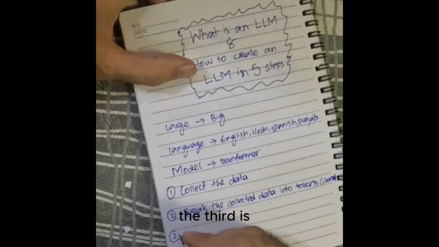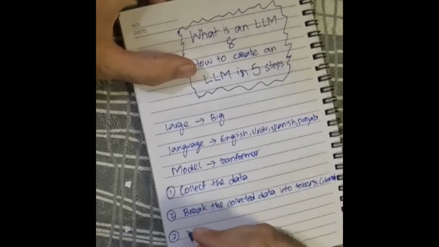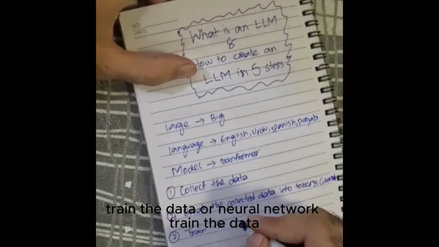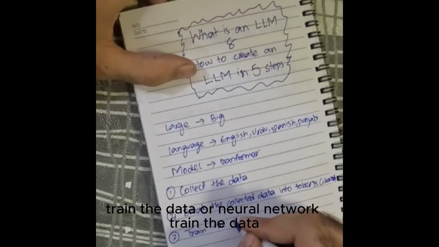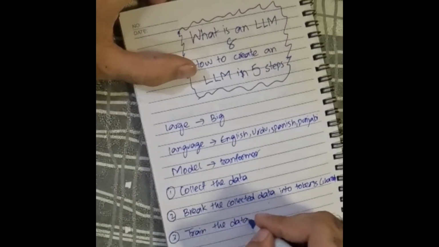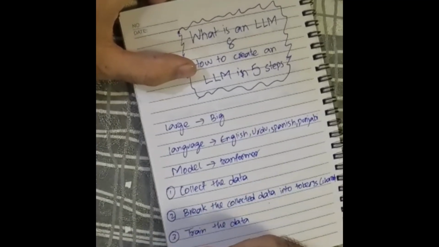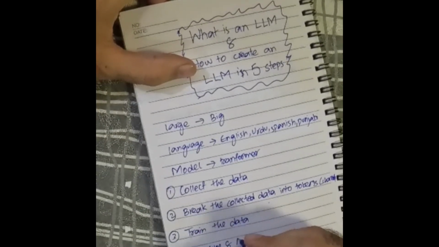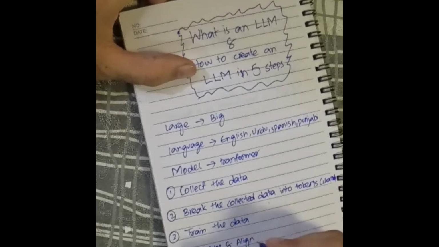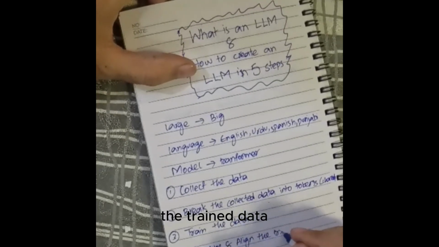The third is train the neural network. Train the data. Fourth is fine tune and align the trained data.